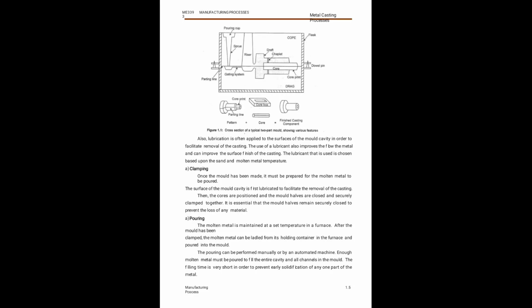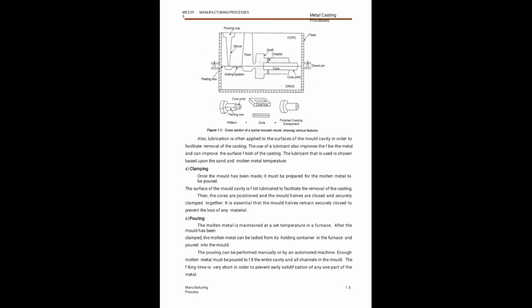Clamping. Once the mold has been made, it must be prepared for the molten metal to be poured. The surface of the mold cavity is first lubricated to facilitate the removal of the casting. Then the cores are positioned, and the mold halves are closed and securely clamped together.